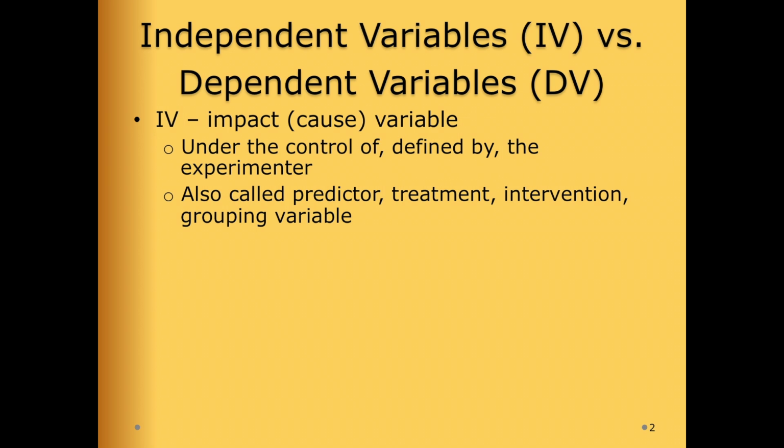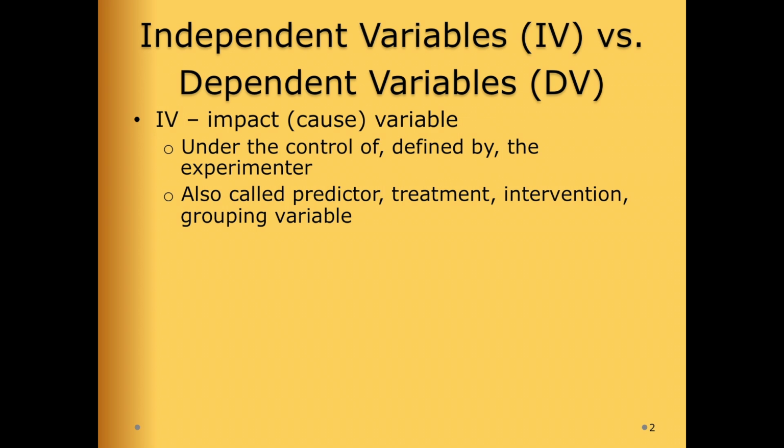We might think of the independent variable as the variable that might cause a desired outcome. For example, in clinical psychology, we frequently want to know if a type of psychotherapy will impact mental health or cause participants' mental health to change for the better.